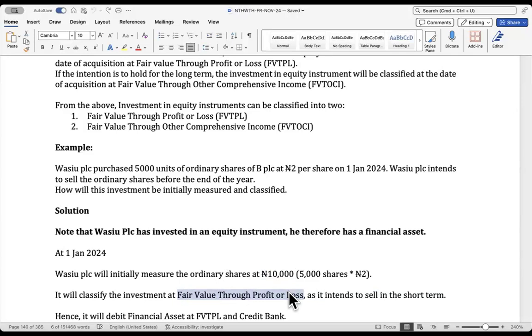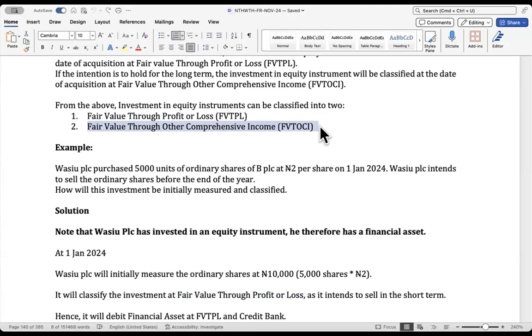It goes to P&L. But if your choice of classification is fair value through OCI, you capitalize that.